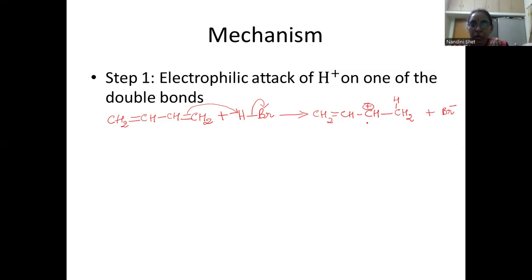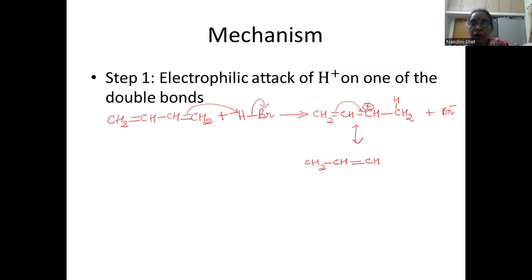Now this is a carbocation since it has got a positive charge on carbon. This carbocation can be stabilized by resonance because there is a pi electron here. It can help in the resonance of carbocation. So resonance structure would be like this. Shifting will take place here. So we get CH2-CH=CH.